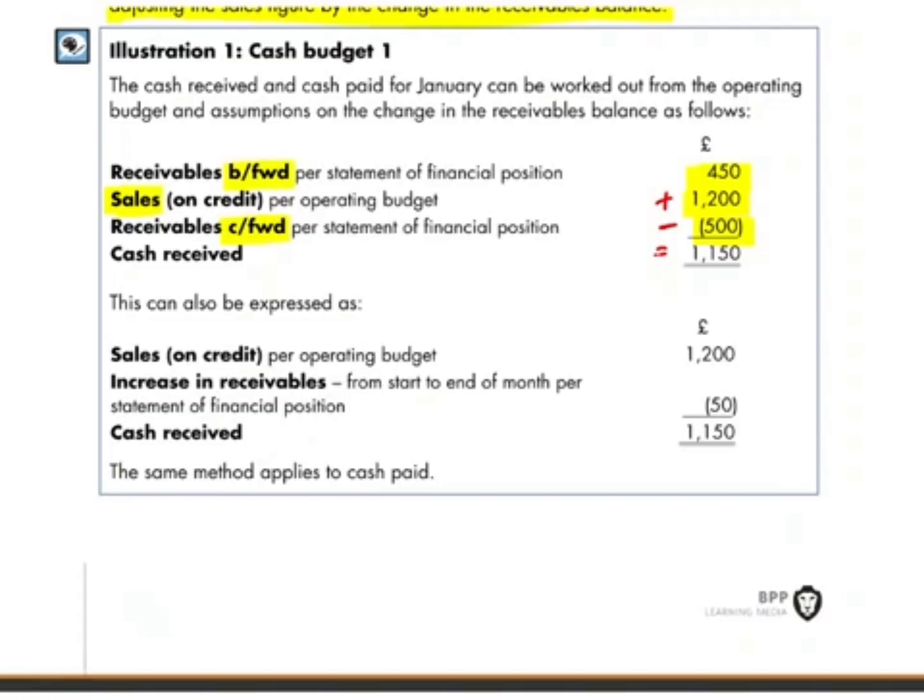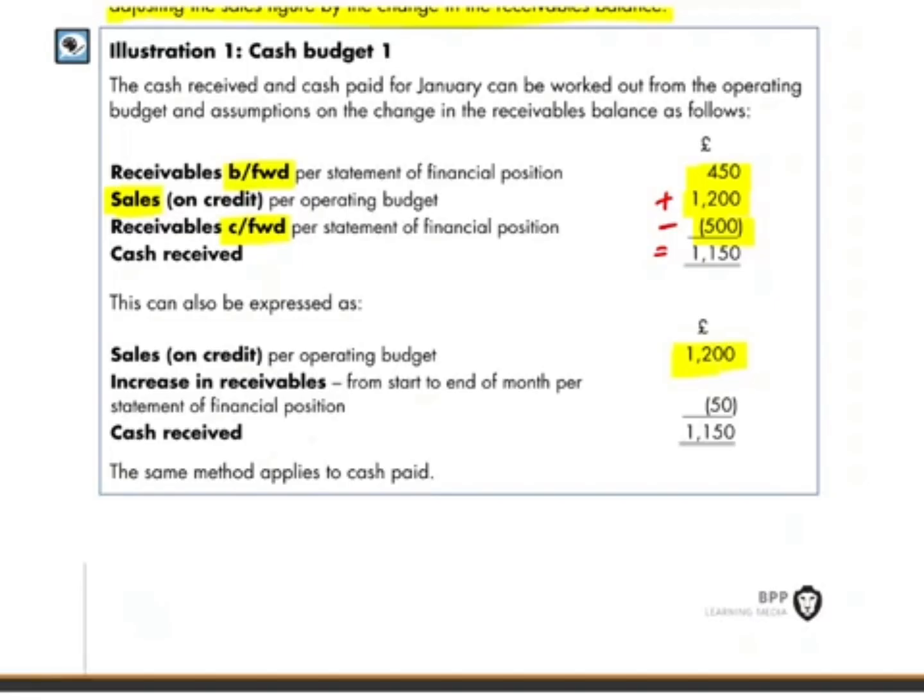Alternatively, we could adjust the sales recorded on the operating budget for the movement in the receivables balances. We can see that during the year, the receivables balance has increased by £50. And of course, we are recording £1,200 worth of sales on our operating budget.